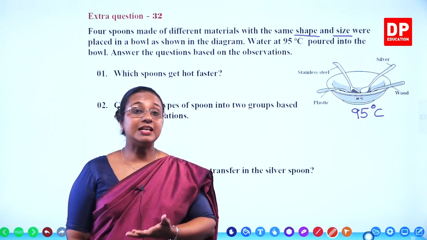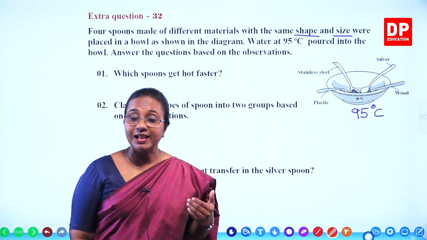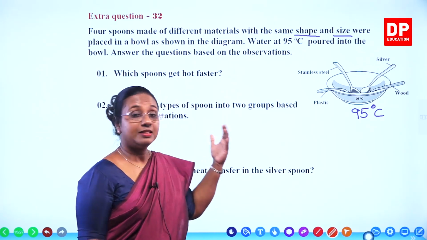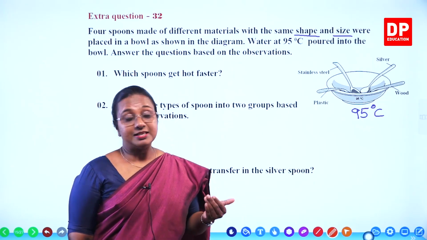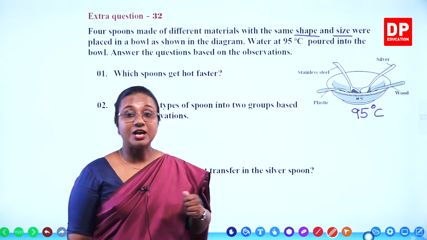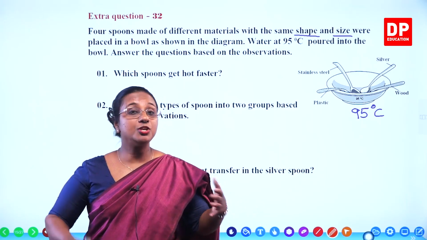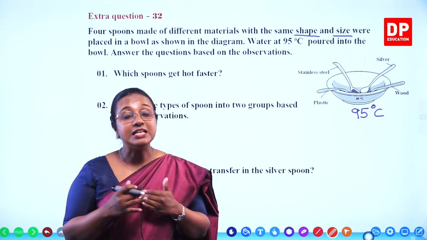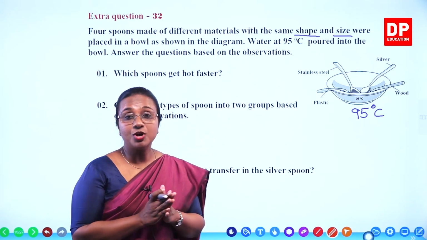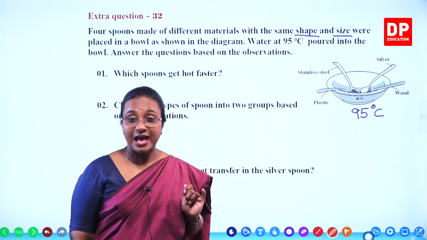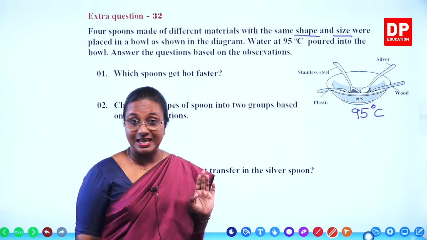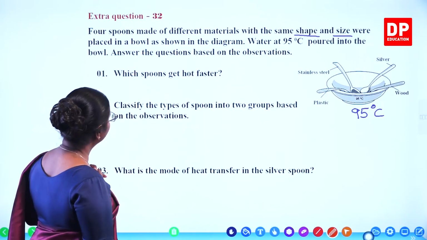The materials that can absorb and conduct heat well, they will absorb more heat. That means their specific heat capacity will be usually less. Whereas substances which have a very high specific heat capacity or the ones that do not conduct heat, they will not absorb and conduct heat. So, that is what you can observe from this activity. I am sure you all can understand that. So, now we will look at the questions.